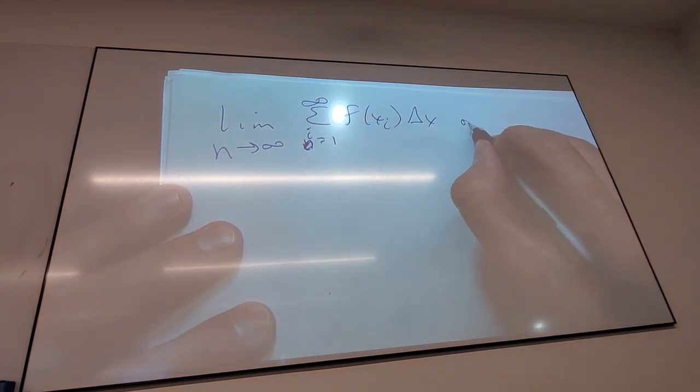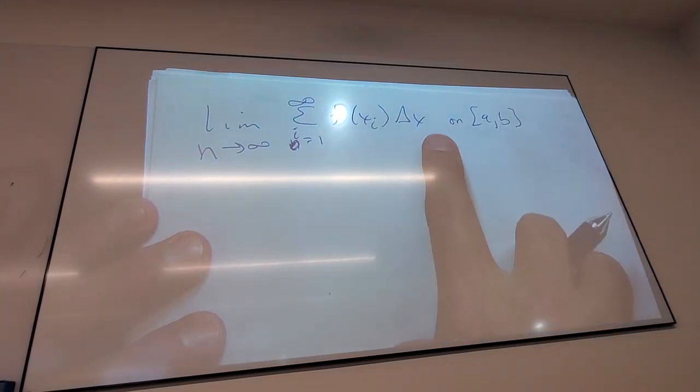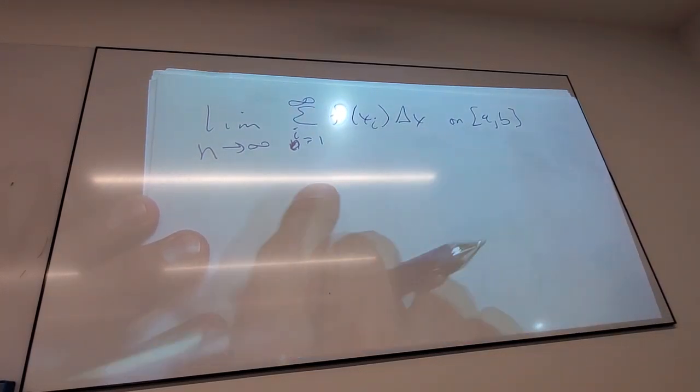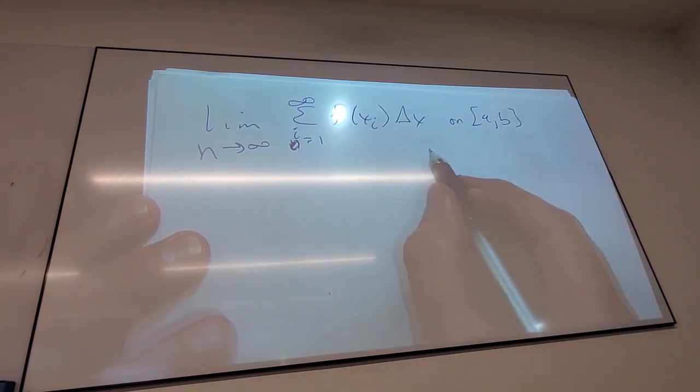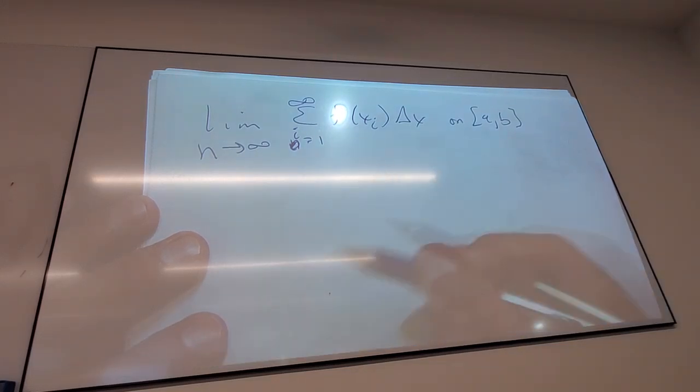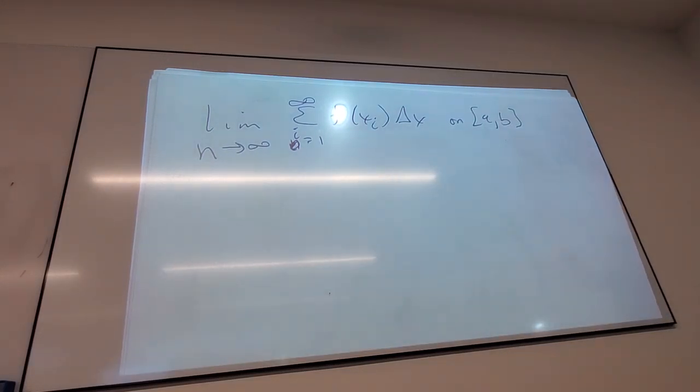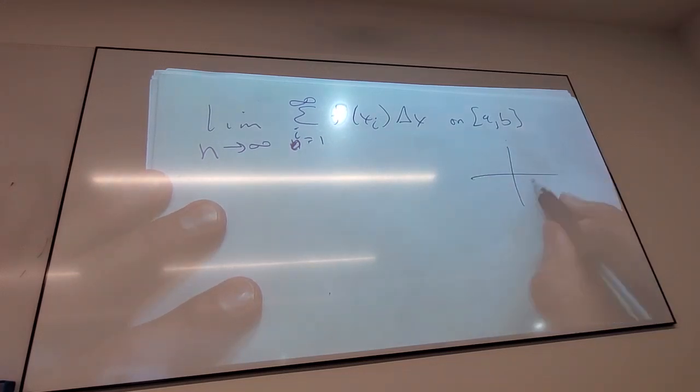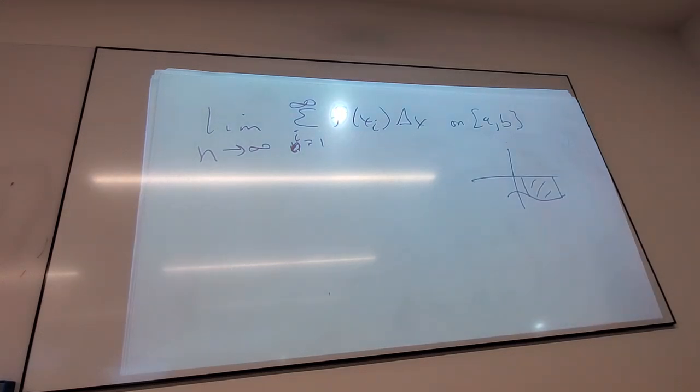And this is on some interval a to b, yes? That's how we define what delta x is. Is everybody with me? So this is the process to find the area under a curve from a to b. Just to point something out that I haven't said yet. If my function is this, do you see how my area would actually be negative?